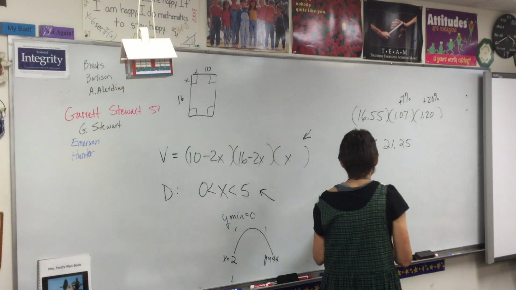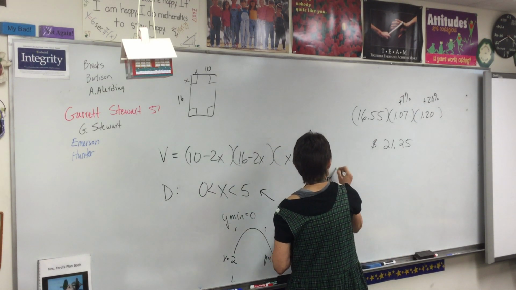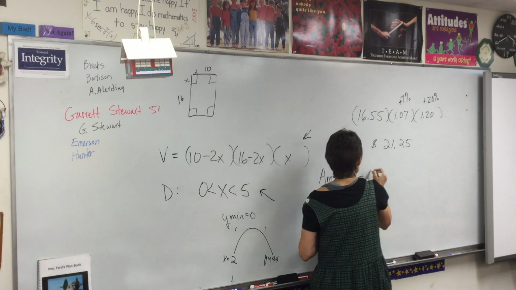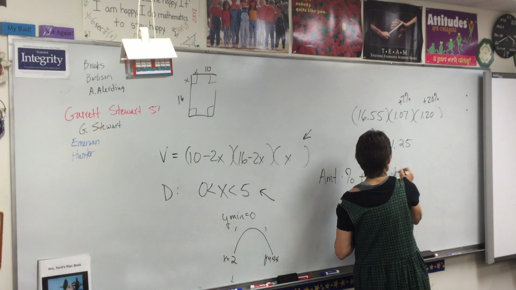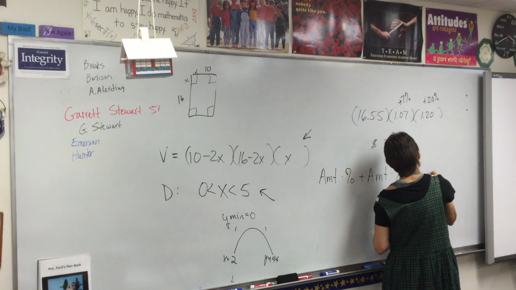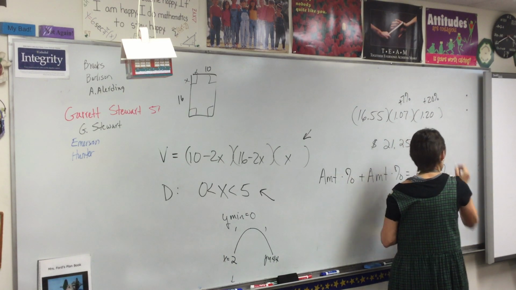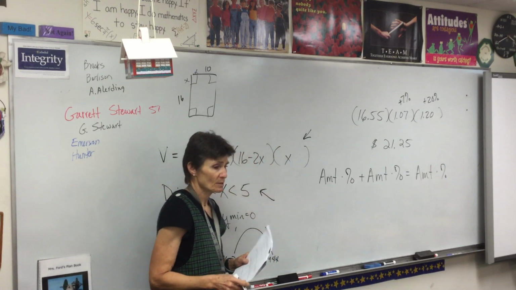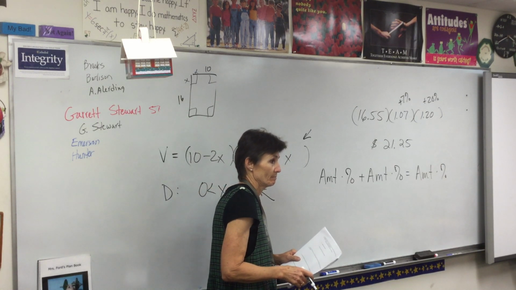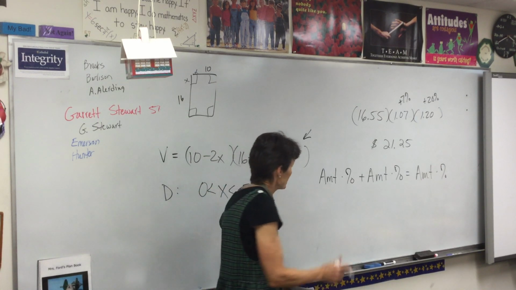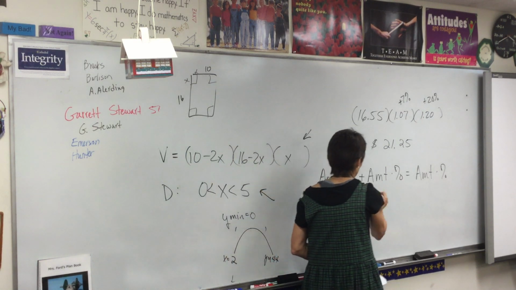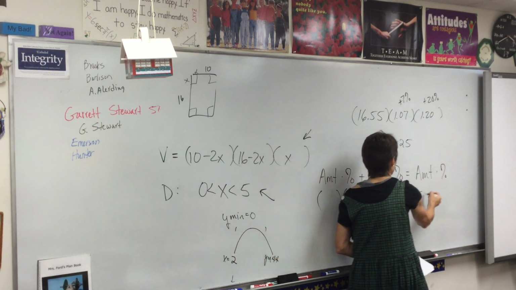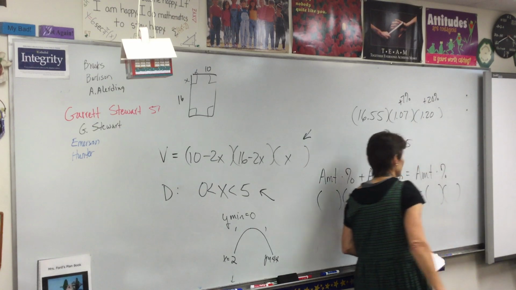All right, how much? Okay, this is my mixture problem. So my formula, if you want to call it that, for a mixture problem is amount times percent plus amount times percent equals amount times percent. Six things in the problem, three amounts and three percentages.